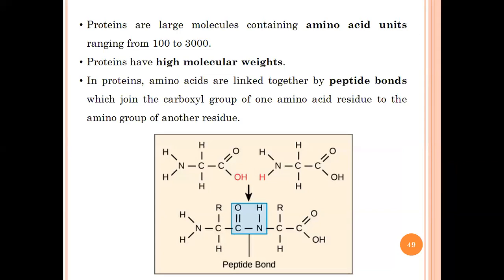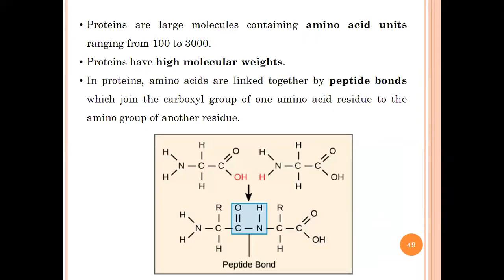A protein can have a range of amino acids. It can have as few as 50-60 amino acids, or as many as 3,000 or even more. All the proteins are made up of these 20 amino acids which I showed you here in a table.